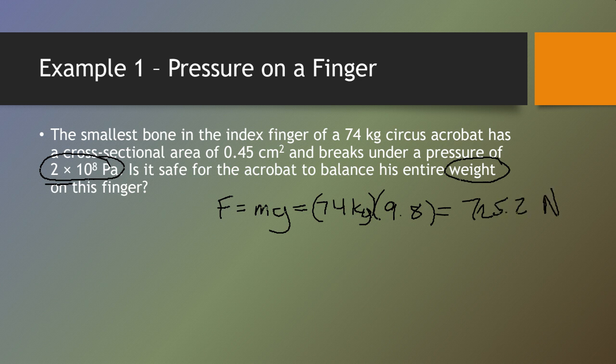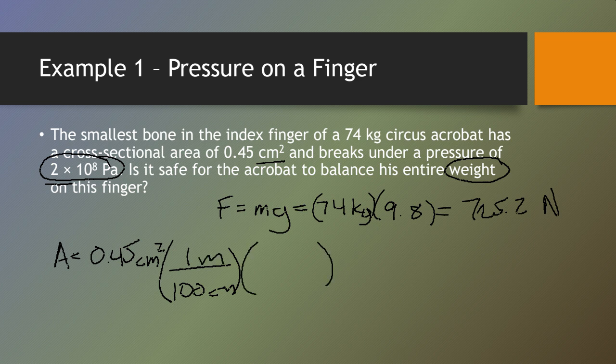The area is given to us in centimeters squared. We want to convert that to meters squared. That might be the hardest part of this problem. When you convert squared variables, we have to use the conversion factor twice. There's 100 centimeters in 1 meter. But we're going to write it down twice so that we cancel out centimeters squared.